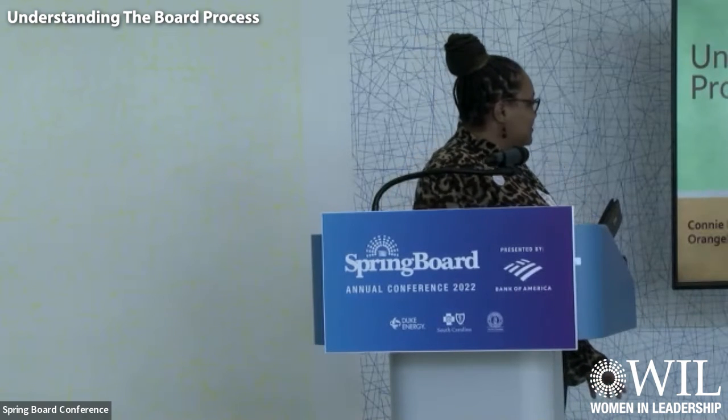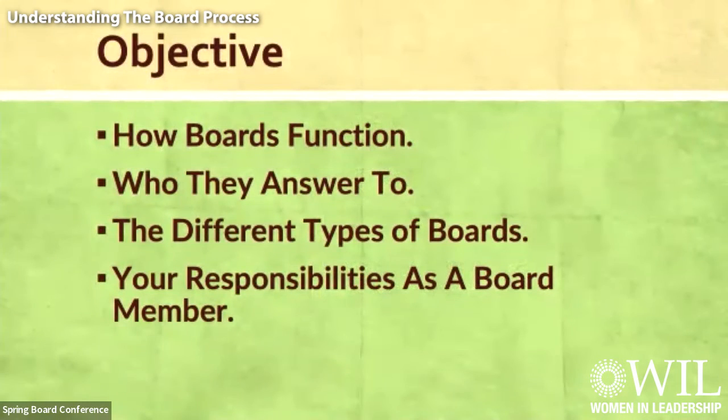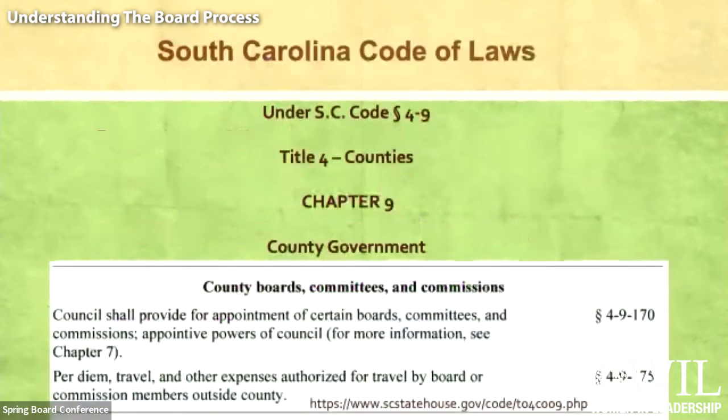But understanding the board process. These are my objectives for you today: how the board functions, who they answer to, the different types of boards, and your responsibility as a board member. Of course, I want to let you know what South Carolina requires for counties, which is by law.